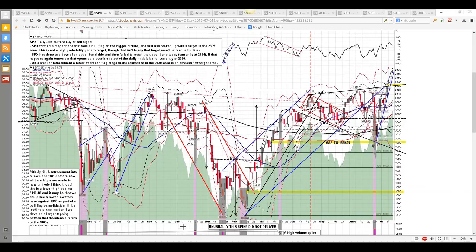I remember when we got down here, I was chatting to people on Twitter, and they were saying, oh well, it's going to go down hundreds of points. Definitely, there's no way it can bounce here. And now you've got people saying the bears are totally dead. There's no way it can go down. It's heading to 2,400. And the fact is, this is what people do. It's very human.